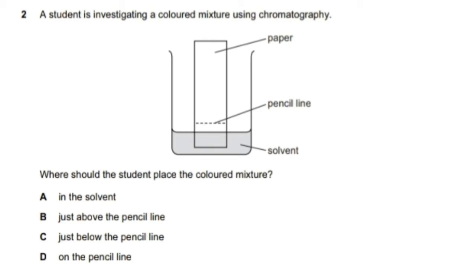A student is investigating a colored mixture using chromatography. See here, a picture is given. Here are the solvent and the chromatographic paper. On the chromatographic paper there is a pencil line and there is the line of solvent level, everything given.